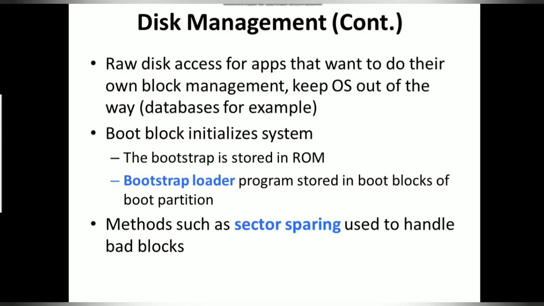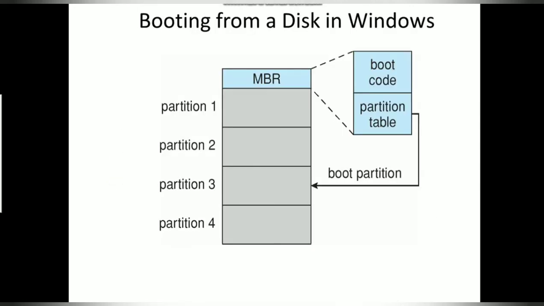We can see a small illustration here. In the case of Windows 2000, the system places its boot code in the first sector of the hard disk, and this sector is called the MBR, the master boot record.